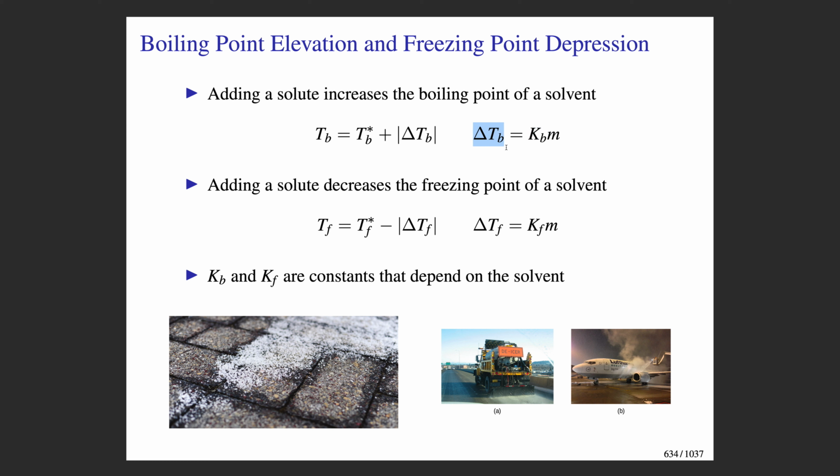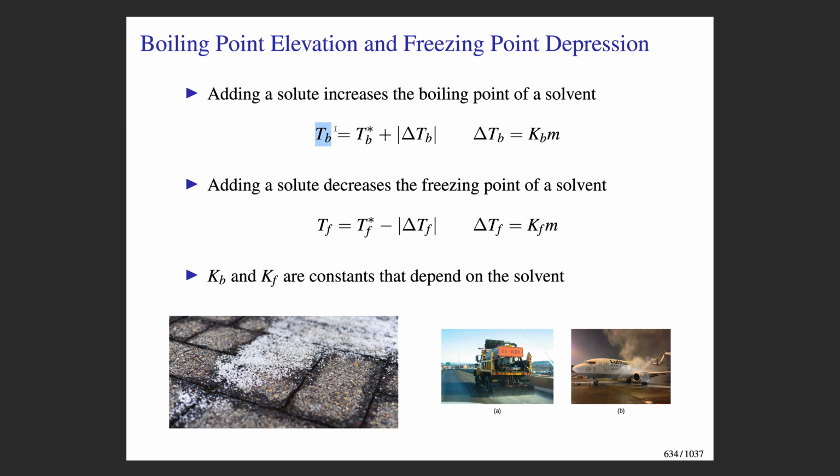Delta T, the boiling point elevation, depends on a constant Kb, which takes on a particular value for a given solvent. And then M is the molality of the solute. So this is the boiling point elevation, and this is the boiling point of the solution.